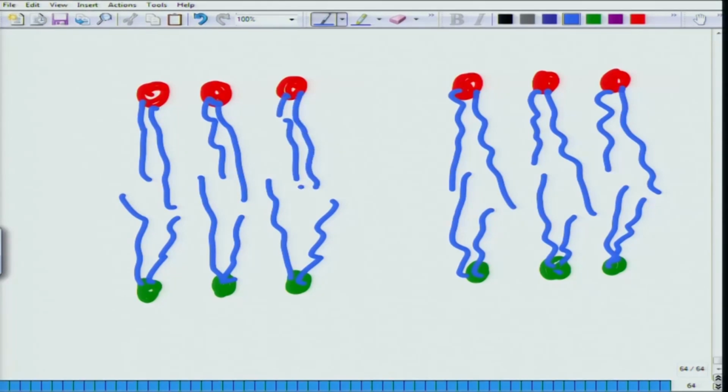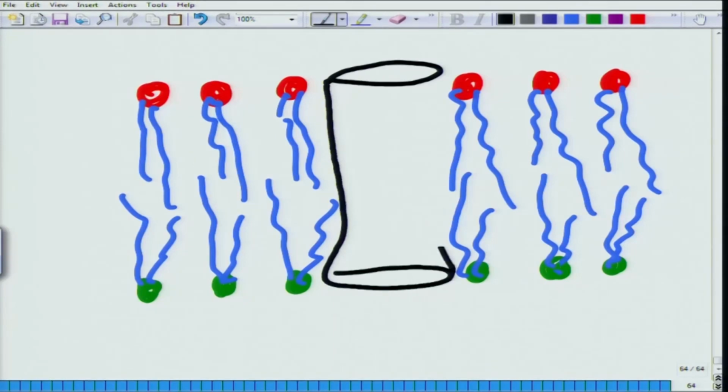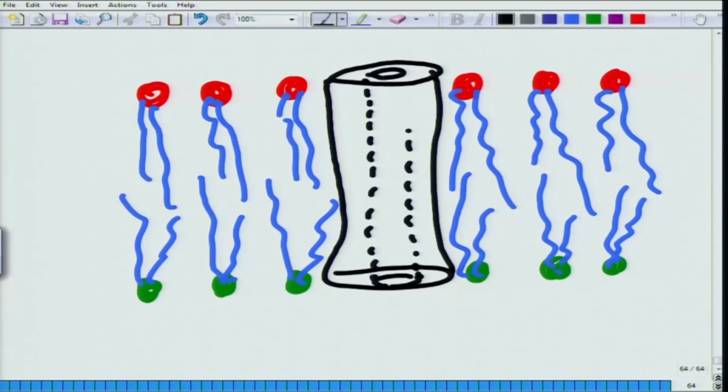So, a membrane protein or anything which has to form a passage has to stand like this. It has to form a structure like this, which has maybe an inner core like this, through which any of the molecules can pass through. Okay.